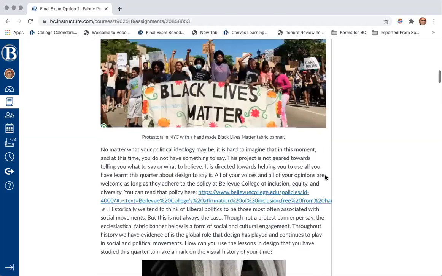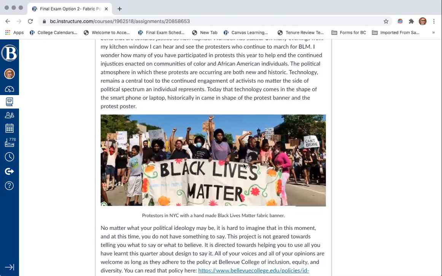Now, if we go back and look at this protest picture, we can definitely see the utilization of the banner here. But what we see a little bit more of in America is the use of signs as a highly personalized, easy to create mechanism of social action.